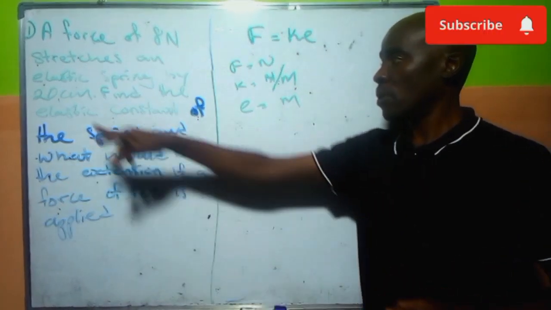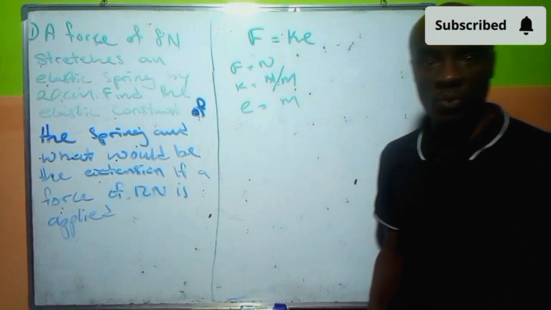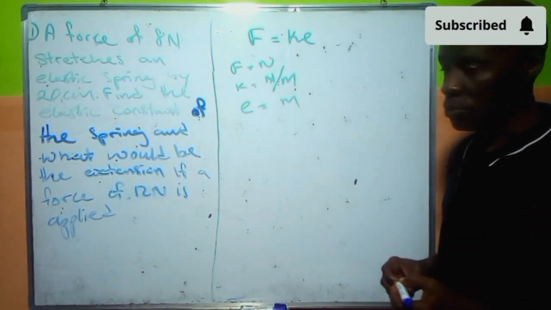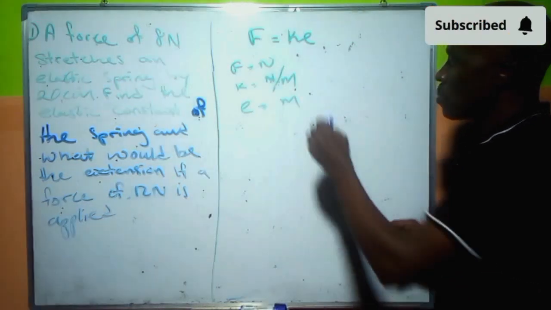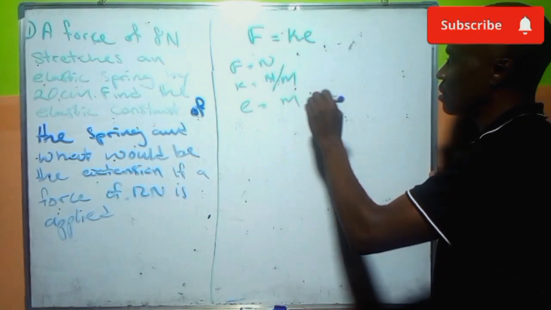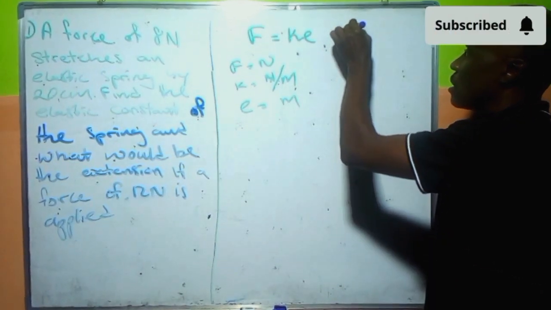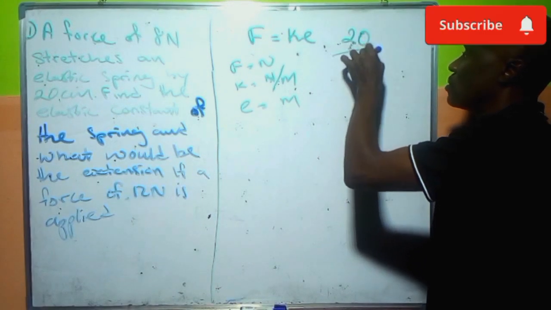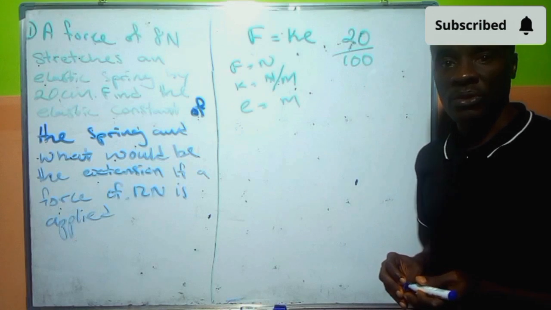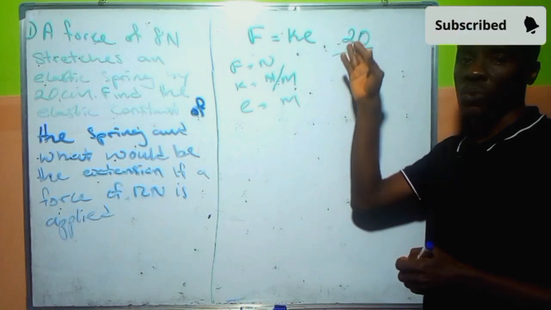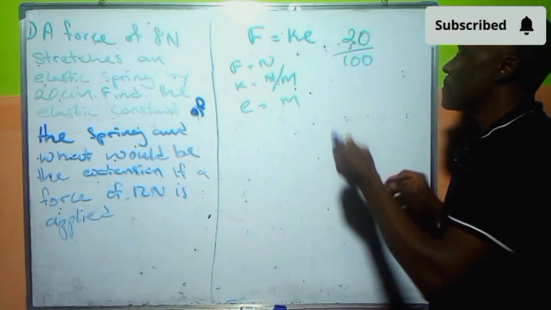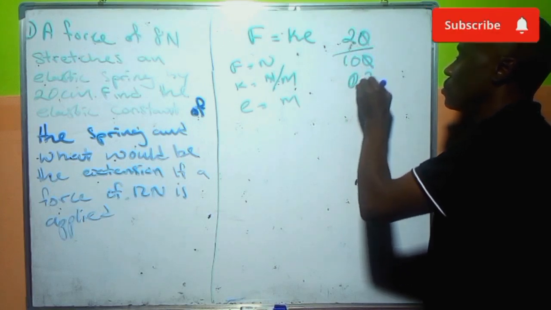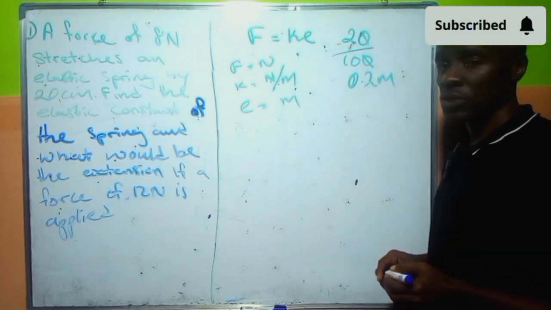But the question gives 20 cm, so we need to convert it in order to apply this law. Since we have it in cm, we take 20 divided by 100, because we want to convert to meter. So what we have here will be 0.2 meter.